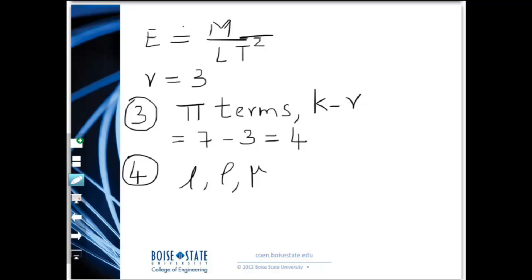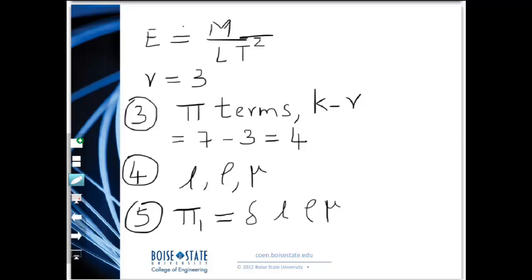So at this stage, step 5 says you go ahead and find the required number of pi terms. Basically, let's try to find the first pi group, pi subscript 1. I'm going to use delta, which is my non-repeating variable, and my repeating variables L, rho, and mu.